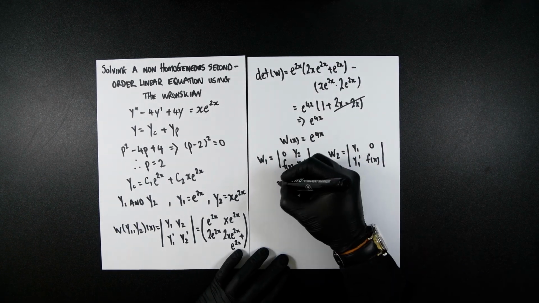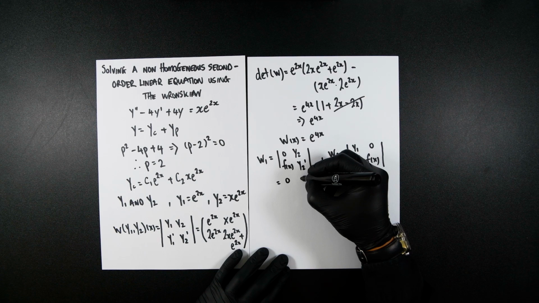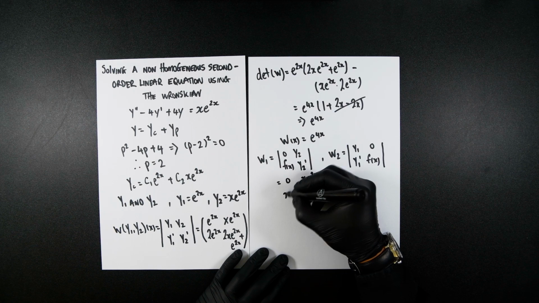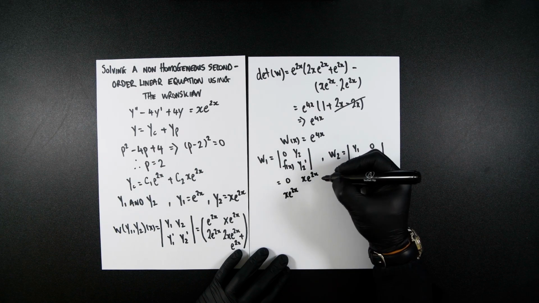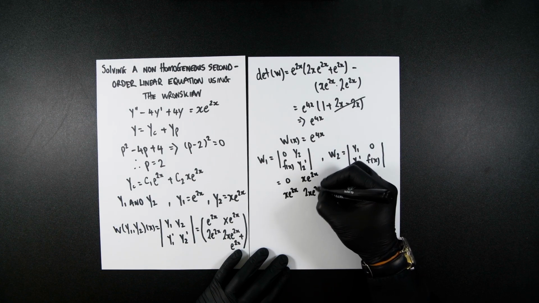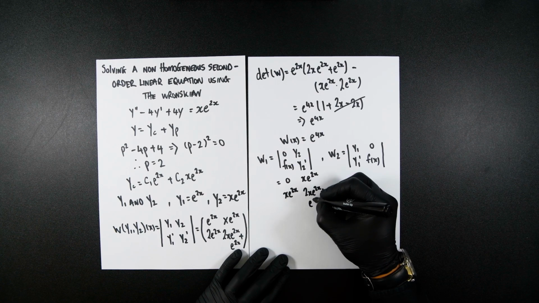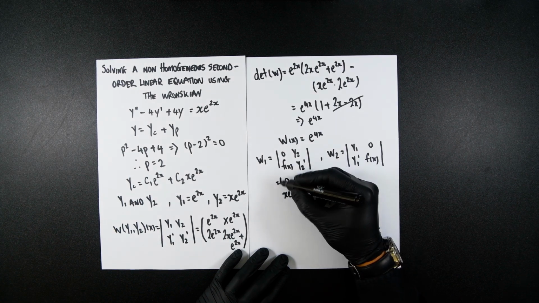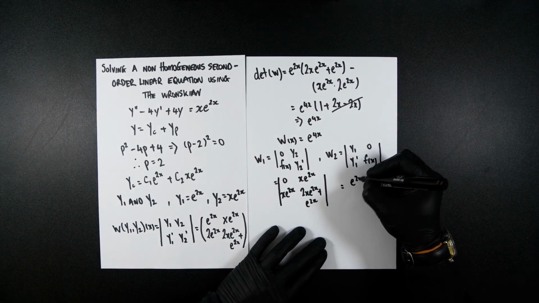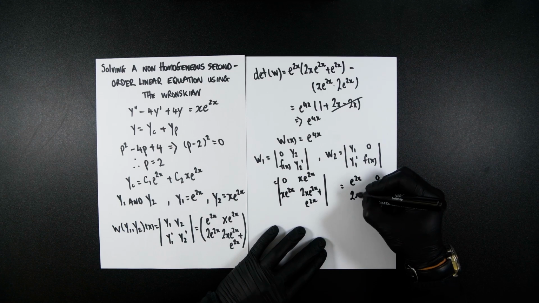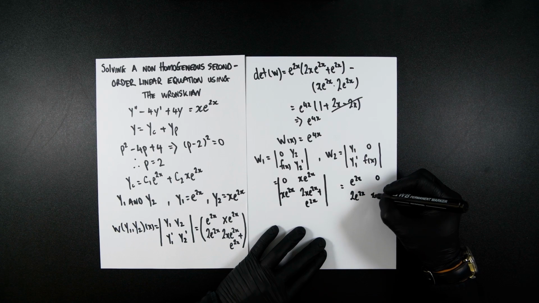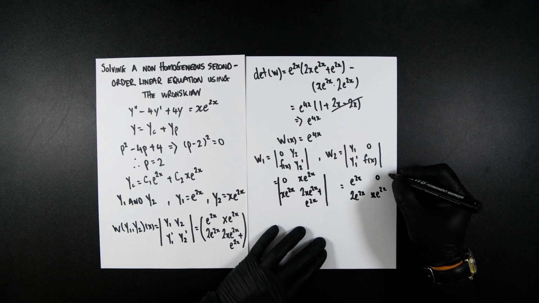If we substitute everything in, W1 is 0, x e to the 2x, x e to the 2x, and 2x e to the 2x plus e to the 2x. And W2 is e to the 2x, 0, 2e to the 2x, and x e to the 2x.